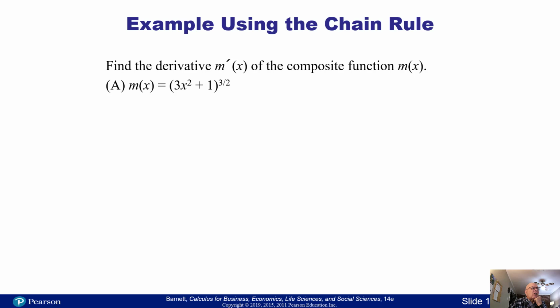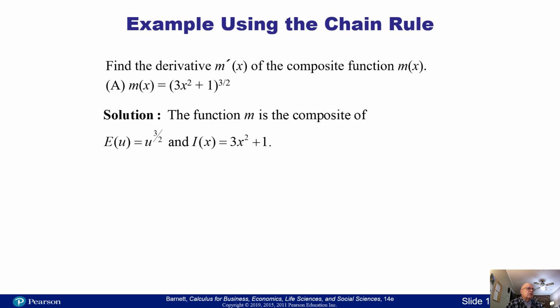So let's try it with this one. Let's see what happens. Remember, we've got an external function and an internal function, or an outside and an inside. And this is how they're going to do it. So first of all, your external function is this one, and the external one is that.